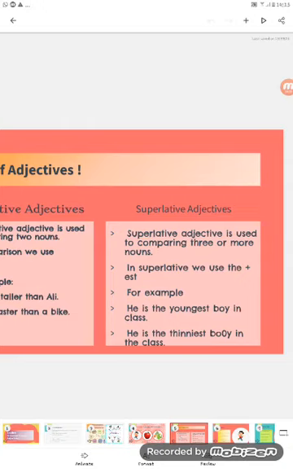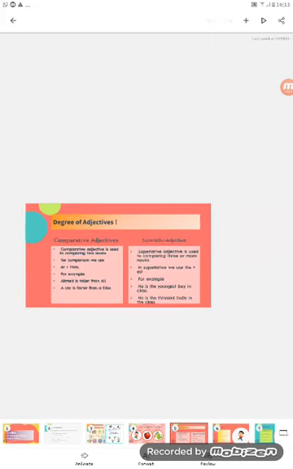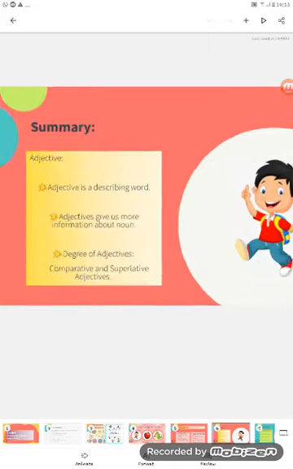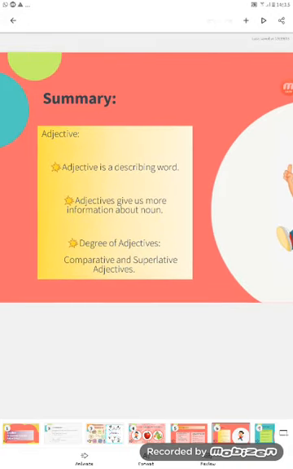For example, he is the youngest boy in the class. Youngest, est. He is the thinnest boy in the class. Okay, sorry about the misspelling of boy here. Okay, I hope you have a better understanding of the concept of adjectives.